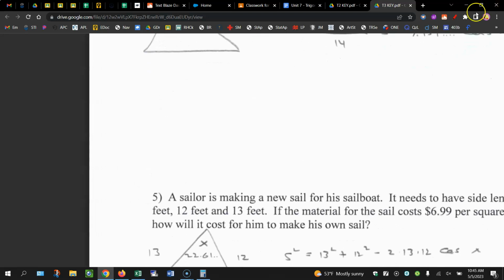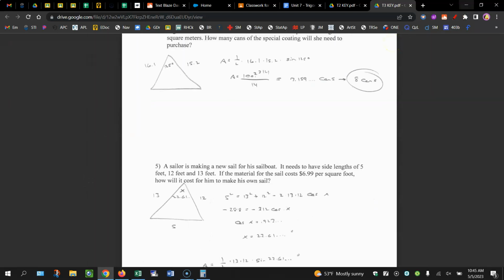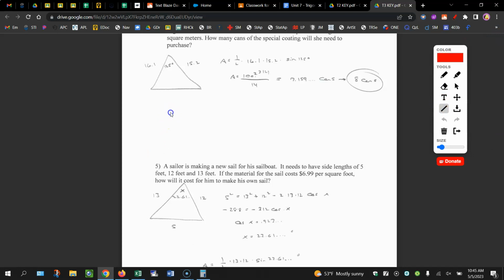Okay, so if I draw a picture, I've zoomed in too much, but we should be able to scroll it back. Get over here. There we go. Get a triangle. All right, so let's say we know that this side is 23.